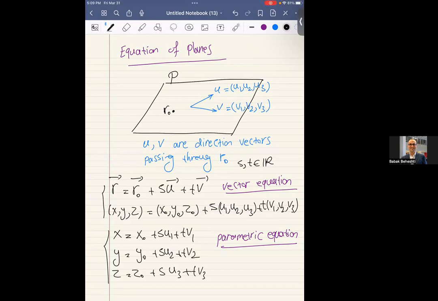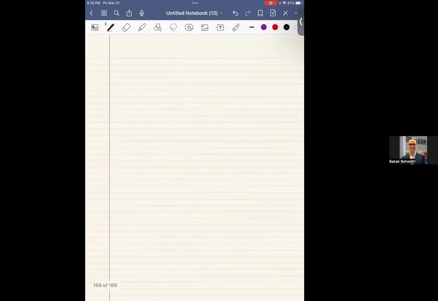Okay, so there is another way to describe a plane. It is the scalar equation of a plane, and that is the following. If you have a plane with two direction vectors, then if you compute the cross product of the two direction vectors, let me draw another picture.